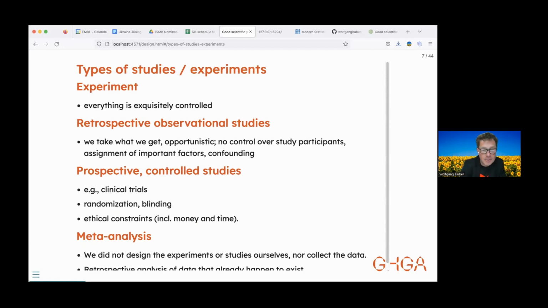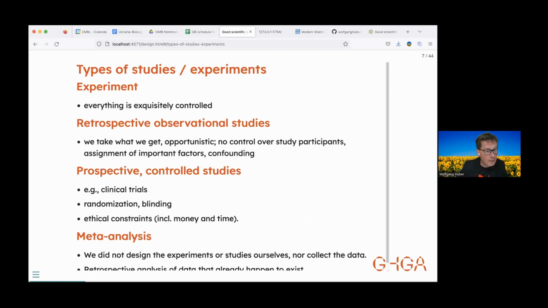For instance, there are study participants. We look maybe at a biobank that happens to be around in the institute, and we take the data that we could get hold of. We often have no control over study participants or over confounding factors or the assignment of important factors of interest. So also the concept of prospective controlled studies.